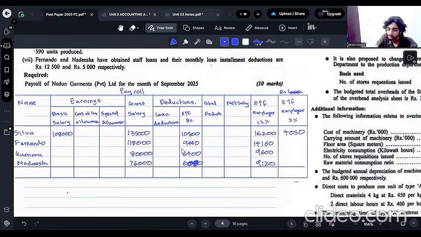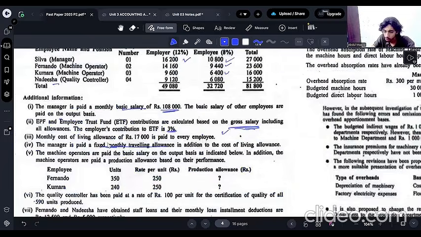3% of 118,000 is 3,540. 3% of 80,000 is 2,400. And 3% of 76,000 is 2,280. That is done. Then next, a monthly cost of living allowance of 17,000 is paid to every employee.